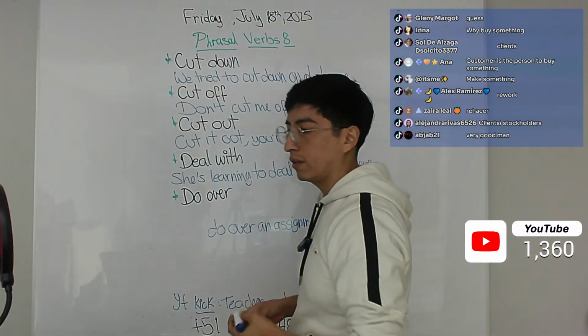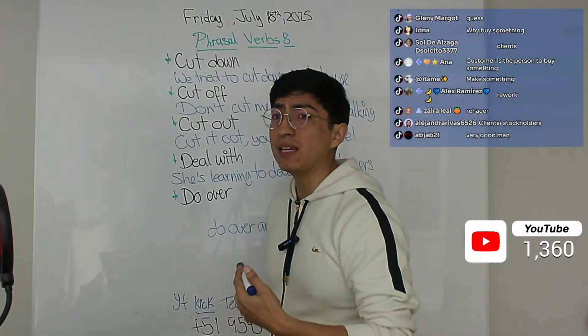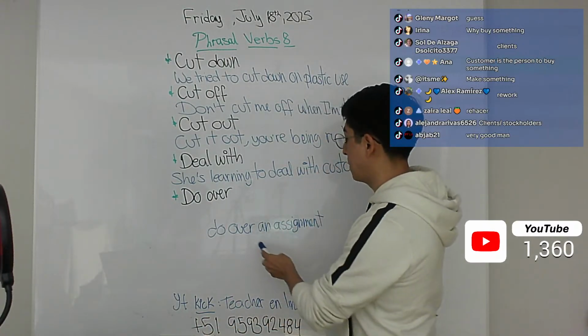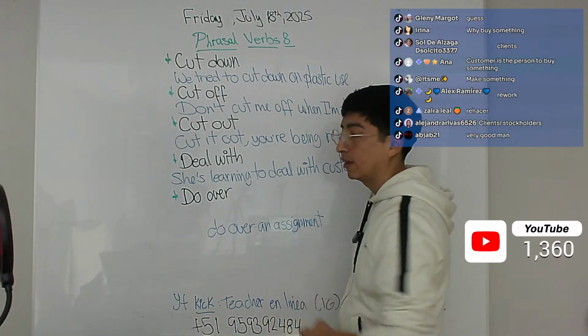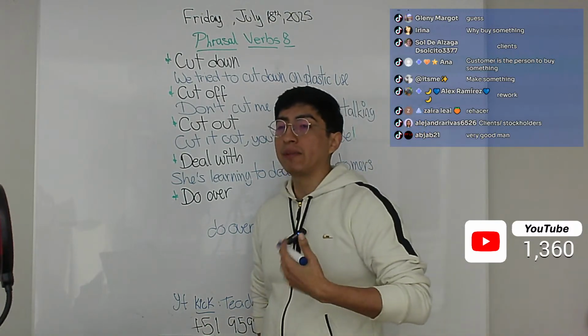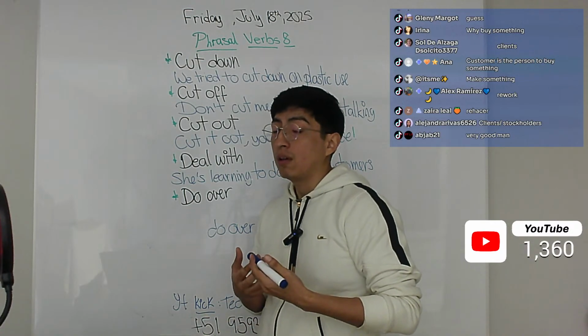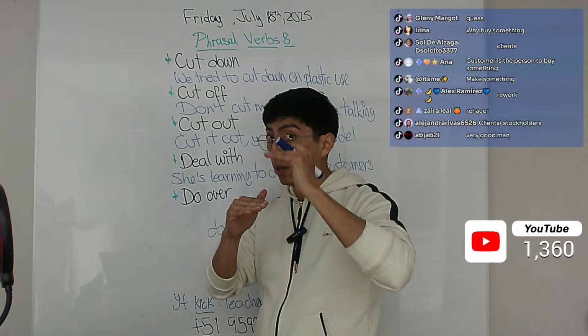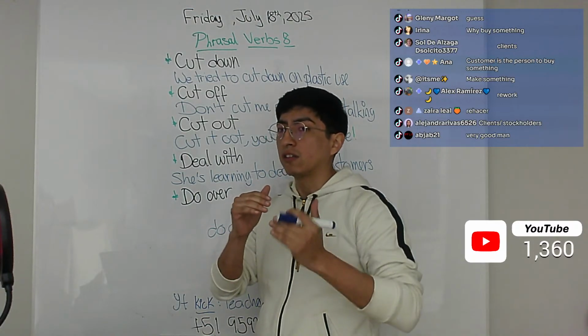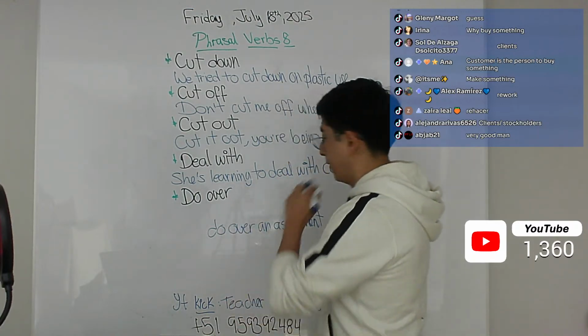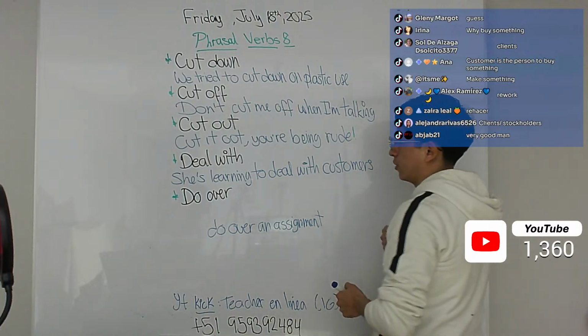So you can say, oh, the teacher made me do over my assignment. Or maybe my assignment was incomplete or wasn't well structured, so I have to do it over.